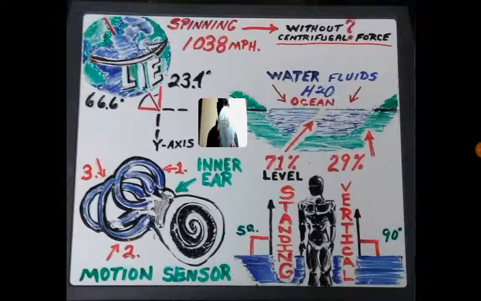Okay? But they got us tilted 23.4 degrees. The congruent angle, which would be the opposite angle, is 66.6 degrees lifted away from the x-axis, the plane which we live on.